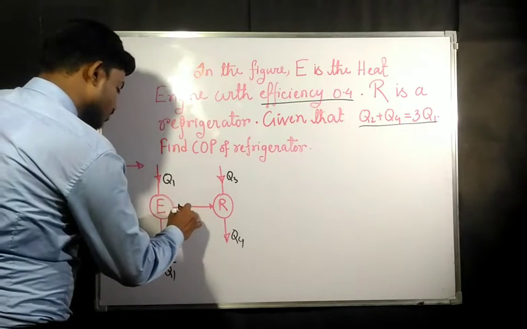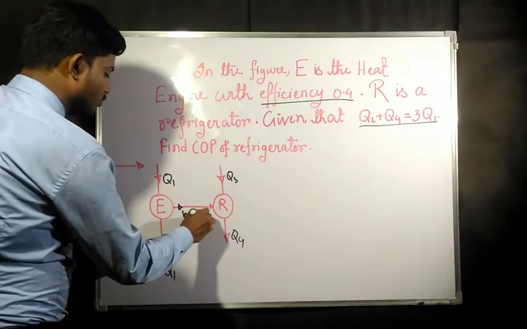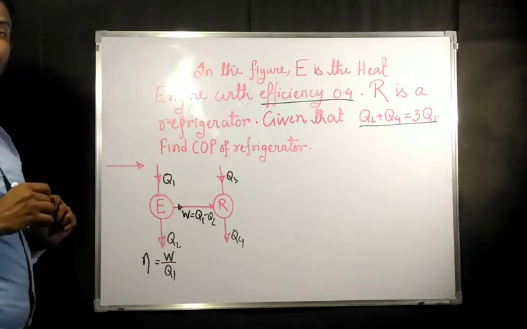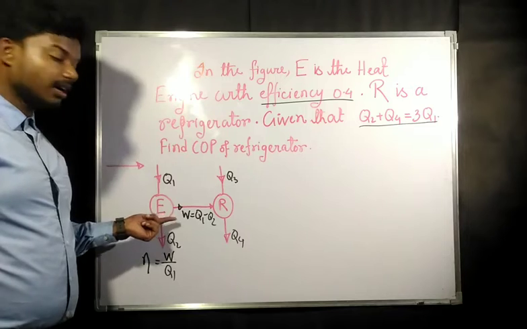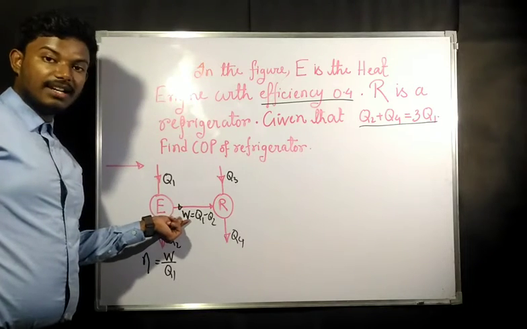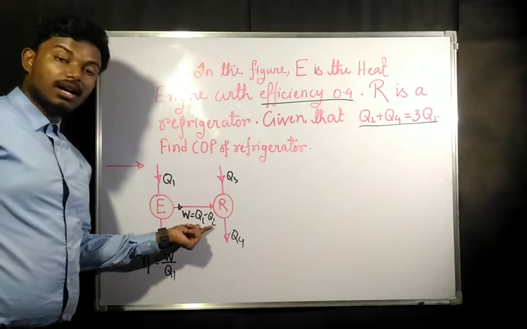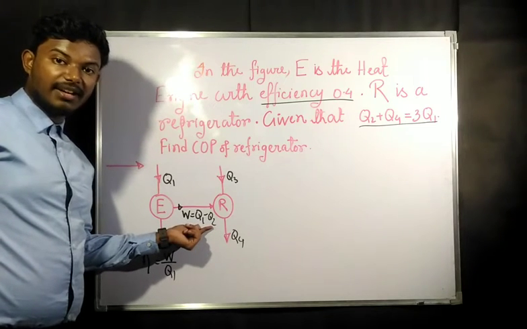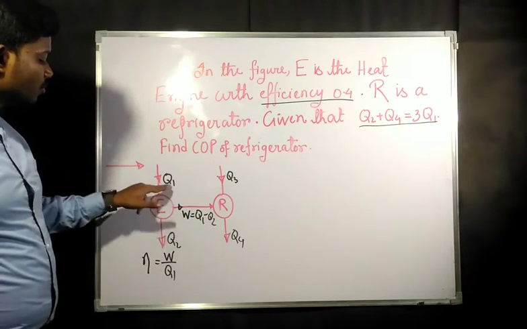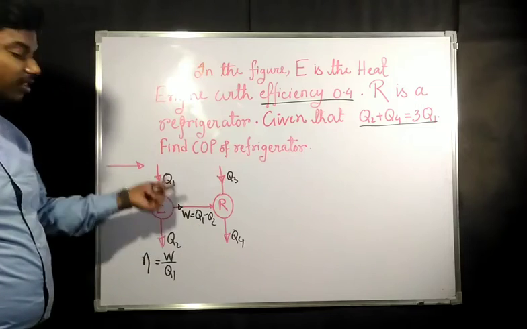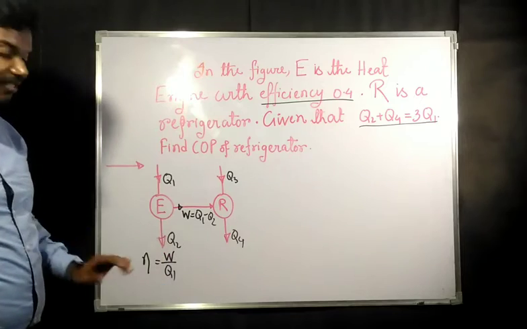W is Q1 minus Q2, because according to the first law of thermodynamics, the net heat interaction is equal to the net work transfer. Q1 is positive since Q1 is going into the system, and Q2 is negative because Q2 is leaving the system.